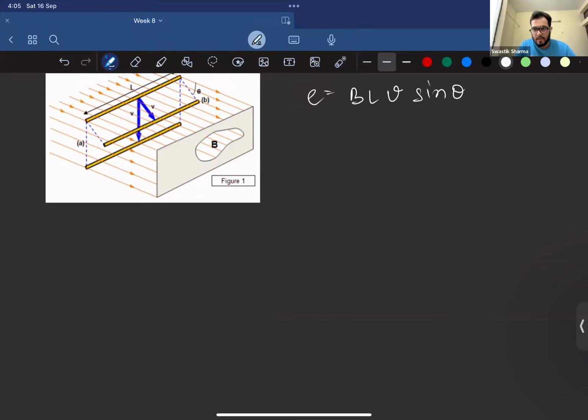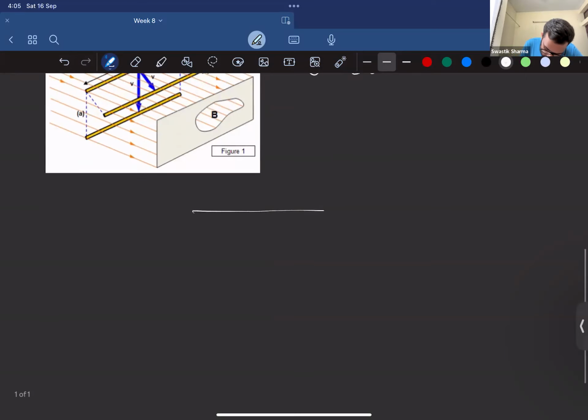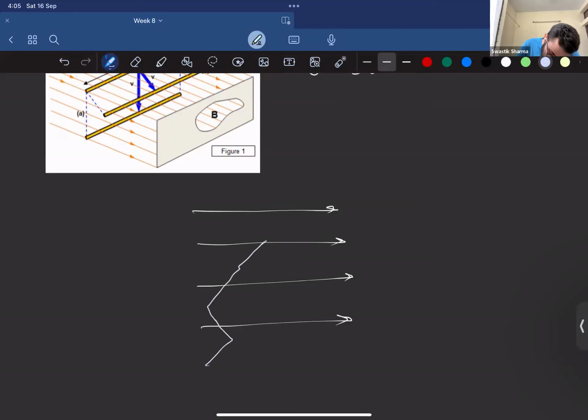Similarly, in a magnetic field you can keep a loop of a certain conductor. Let's draw that figure first. Let's say this is the direction of the magnetic field, and this is how the loop is kept in that magnetic field.